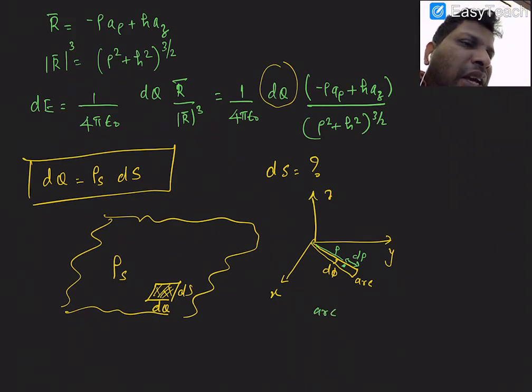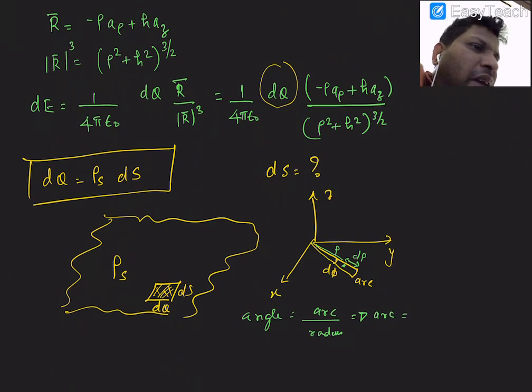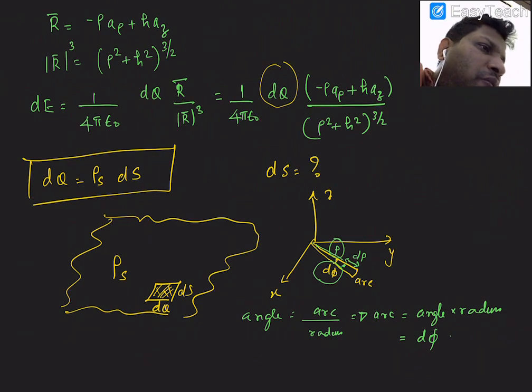You know that angle is equal to arc over radius, so I can write the equation for arc as angle multiplied by the radius. And what is the differential angle? The change in the angle is d phi. So d phi into the radius. The radius is given as rho. So this is my small arc.